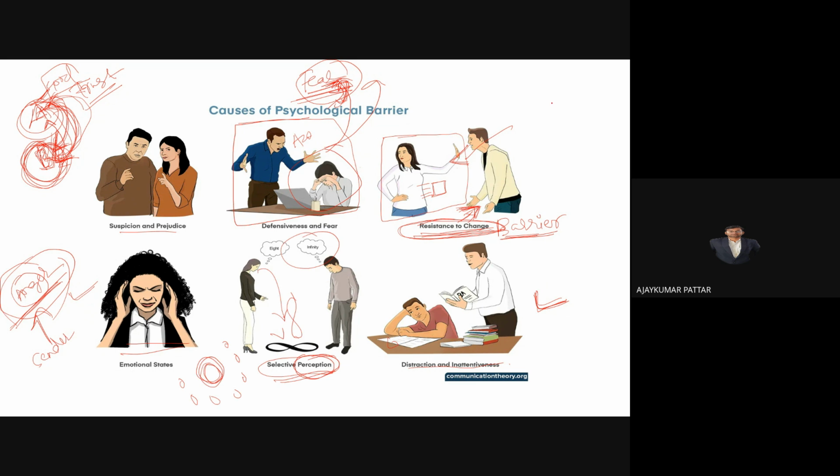For example, if any leader is doing some anti-social work, some people will perceive it as a normal thing, some will say it is a very offensive or criminal thing, because of their perception, because it is common, some people will think. So like that, perception is also acting as a barrier for effective communication or effective understanding of things.